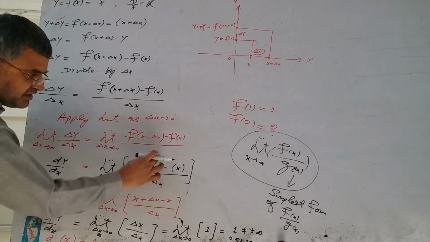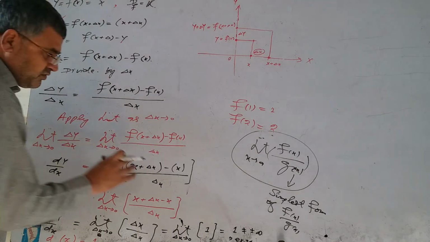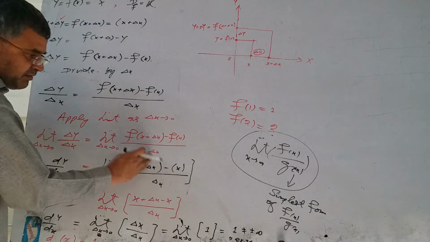As the function is in the form of f of x divided by g of x, first we have to write the simplest form of this function.